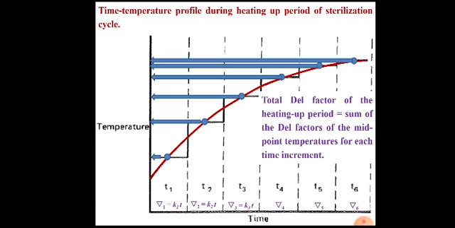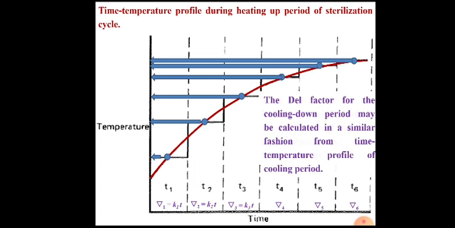So now you have the total Del factor of the heating up period. It will be equal to the sum of the Del factors of midpoint temperatures for each time increment: Del 1 plus Del 2 plus Del 3 plus Del 4 plus Del 5 plus Del 6. It will be total Del heating.